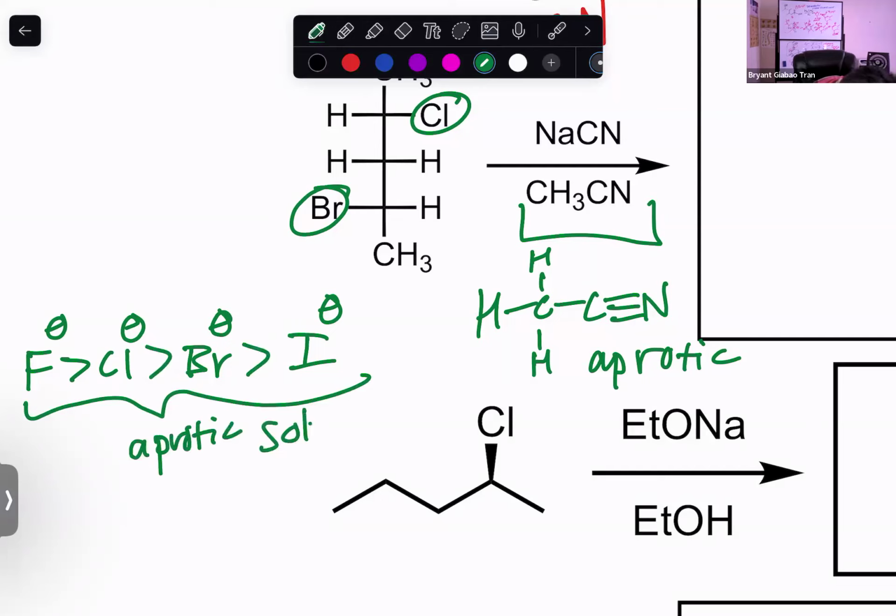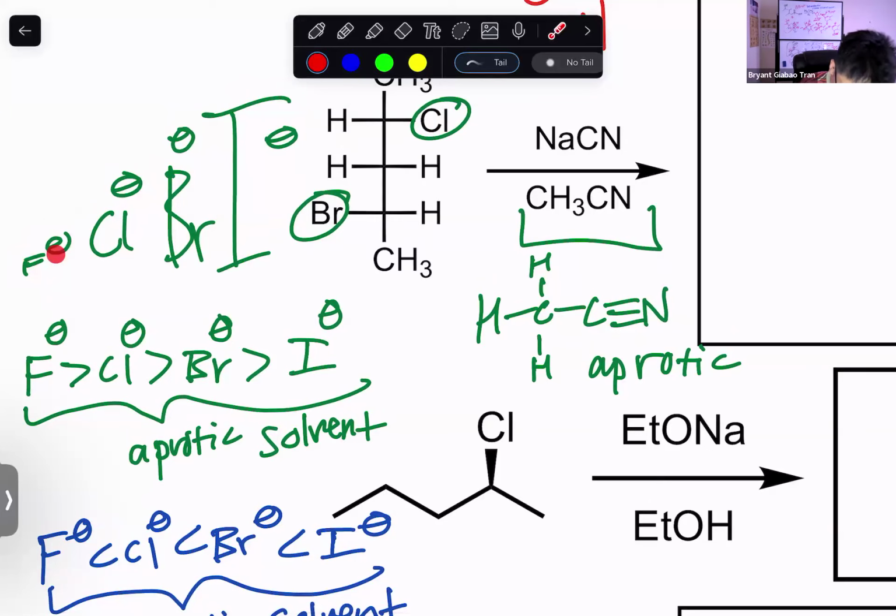The fluoride here is going to be the least stable because fluorine is the smallest atom. There's less space for this negative charge to move around. And because it's the least stable, it's going to be the most reactive, the most unhappy.